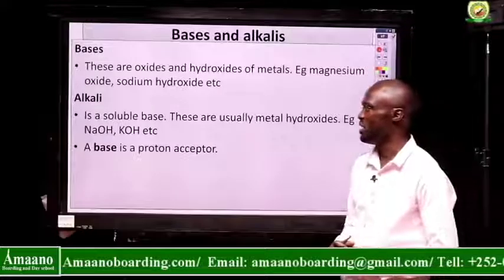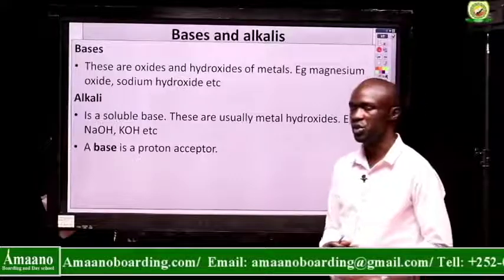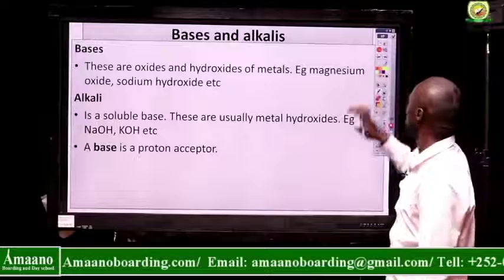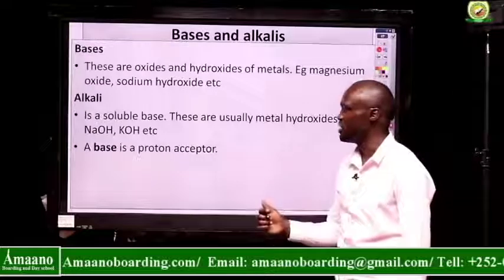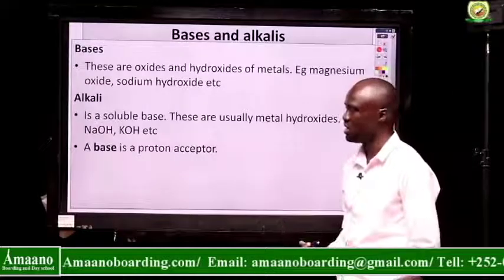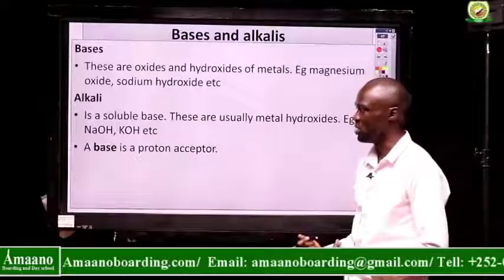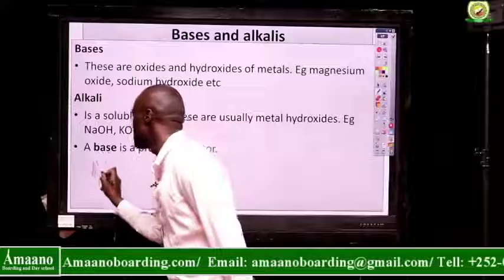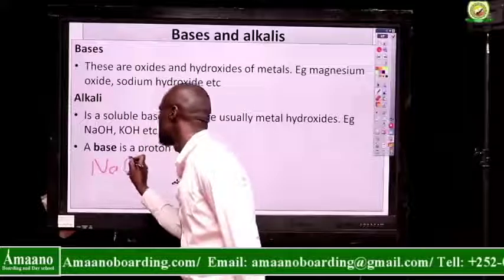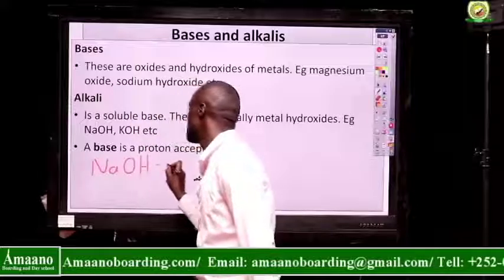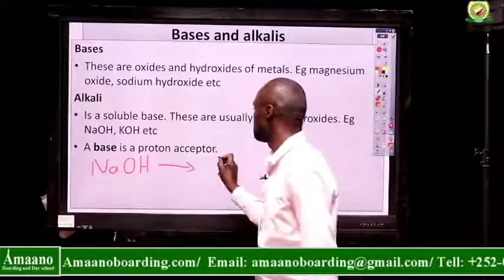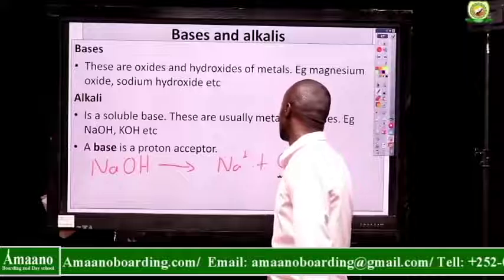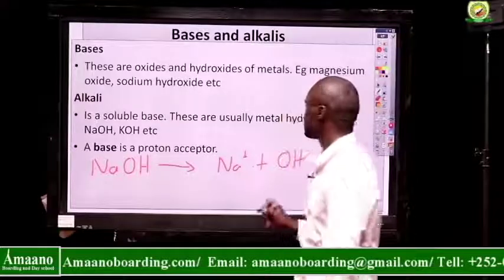You can also define a base as a proton acceptor. By proton, we mean a hydrogen ion. When bases dissolve in water, they ionize. For example, sodium hydroxide is a base. It will ionize and give sodium ions and hydroxide ions.